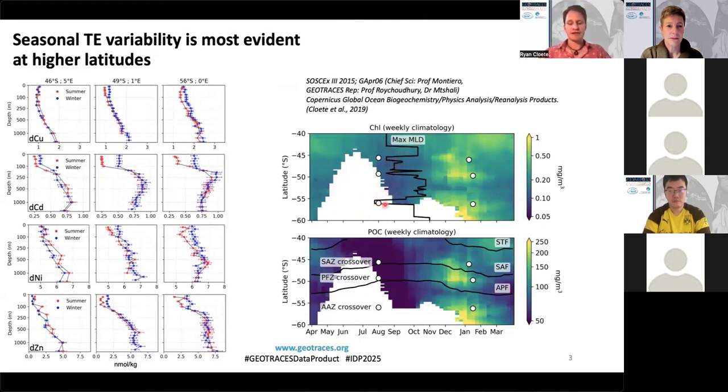And we can see that in the Antarctic zone in winter, we've sampled really close to this maximum level of mixing, while in the summer, we sample in a period of quite high productivity. So the idea here is this seasonal signal caused by entrainment, or what is the relative importance of entrainment versus biological uptake?